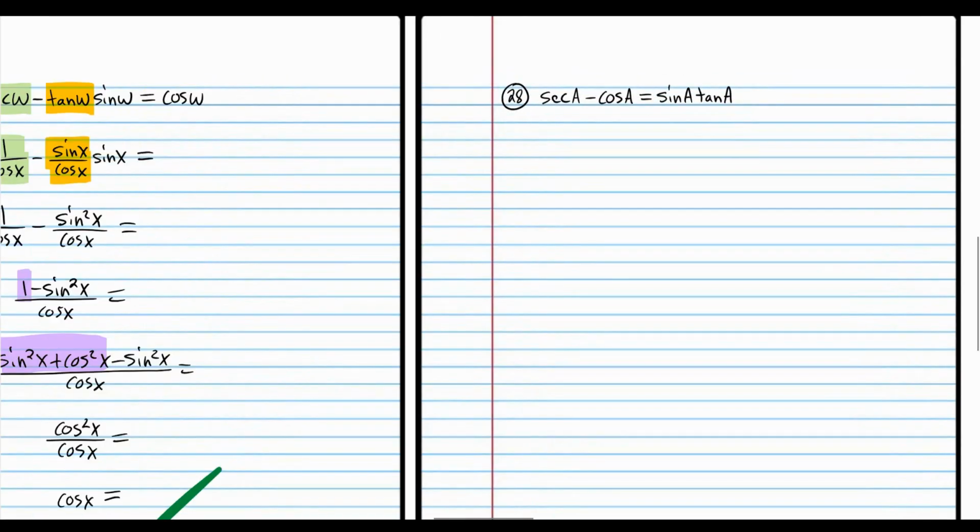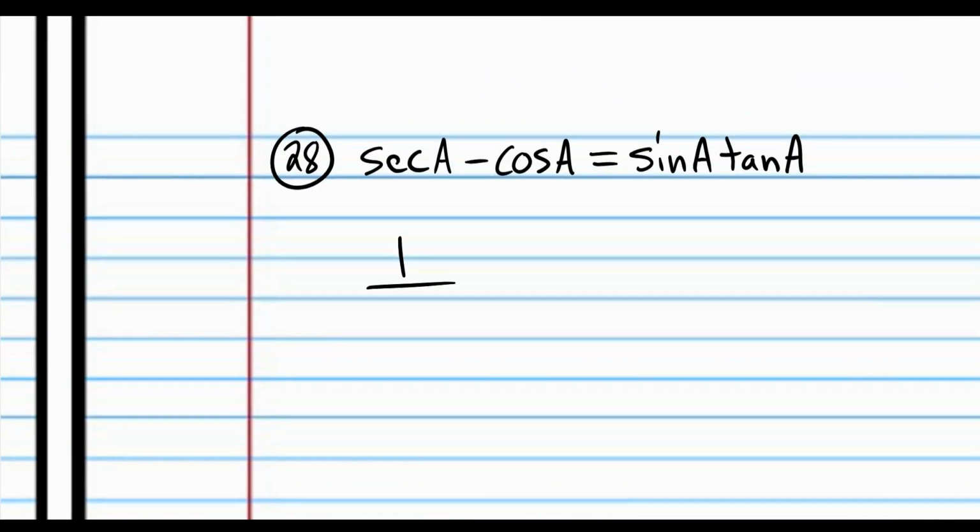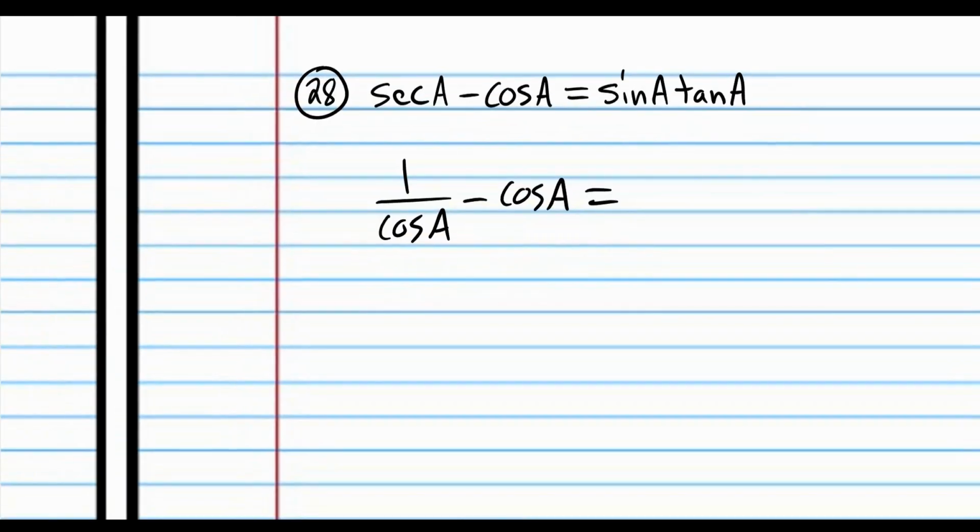Okay, we're back. So I'm going to change secant to 1 over cosine A. And I'm going to change that cosine A to cosine A over 1. So now we have two fractions.